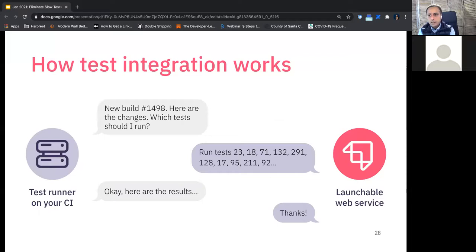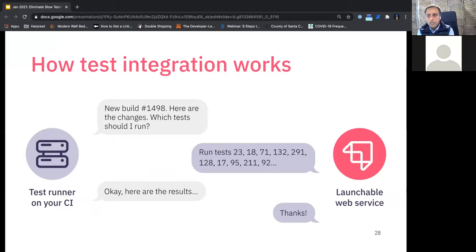In this case, with the CLI integration, it calls on to the Launchable SaaS service and says, hey, here's the snapshot of changes, tell me what tests to run, right? And the SaaS service comes back and says, run these tests in these orders, right? And then the test runner can continue running these tests in that order, right? And then ultimately it sends the results back to us.